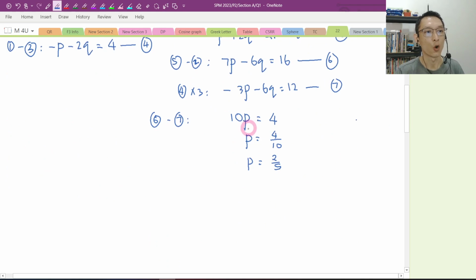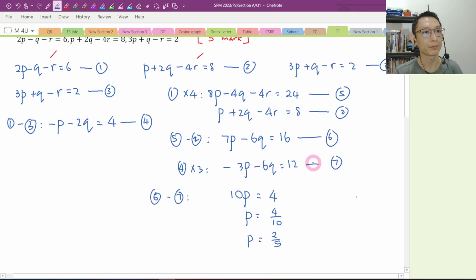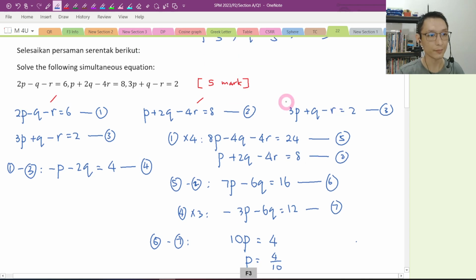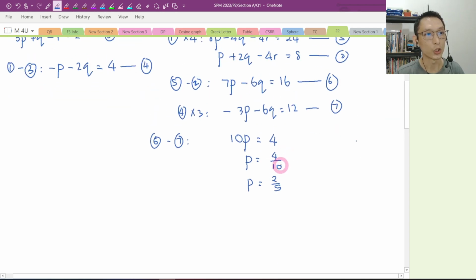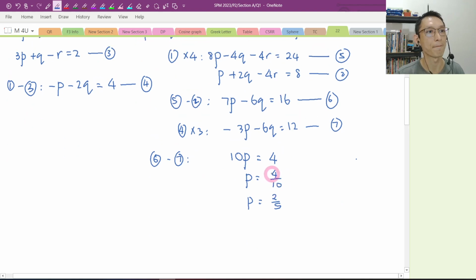Okay. Now, once we get the first answer, it's very easy for us to get the answer for the second variable and the answer for the third variable. Okay, p is equal to 2 over 5.